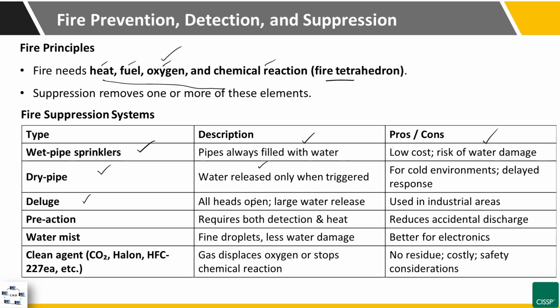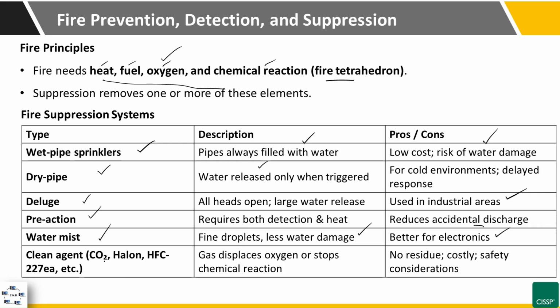Deluge: all heads are open, and it releases a large amount of water, and it is used in industrial areas. Pre-action requires both detection and heat, and it reduces accidental discharge. Water mist uses fine droplets, causes less water damage, and is better for electronics.